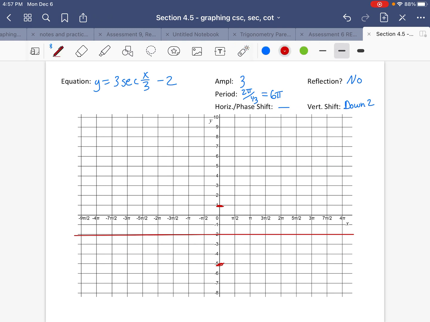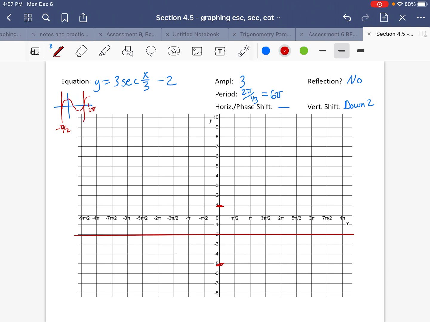So let's see about our asymptotes. Secant is the reciprocal of cosine. Cosine looks like this. I want to see where the asymptote is, so I need to know where cosine is 0. That happened right here at negative pi over 2, and again for the last time right here at 3 pi over 2.